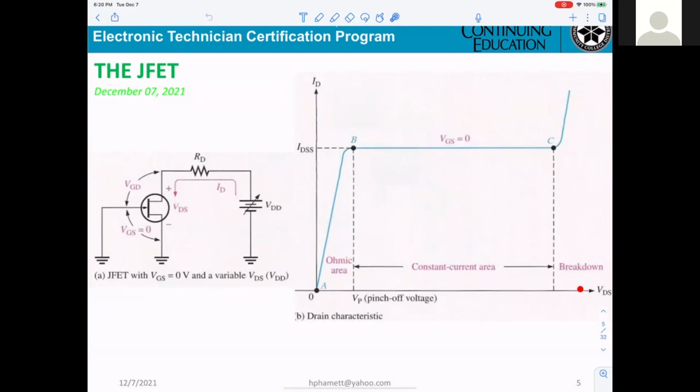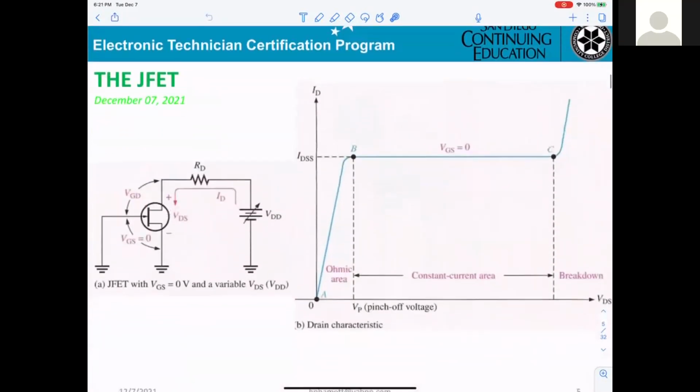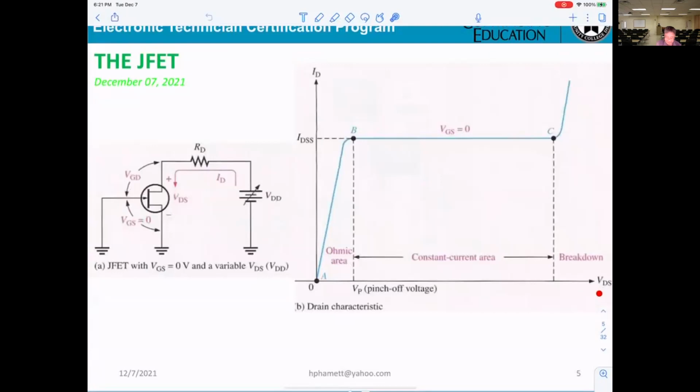Oh, you mean the drain-source voltage? VDS, exactly. That means the drain-to-source voltage, from the drain here to the source. And this stands for drain current, ID. Okay?